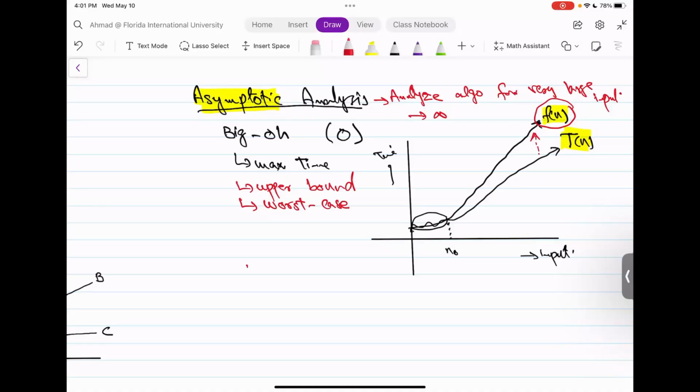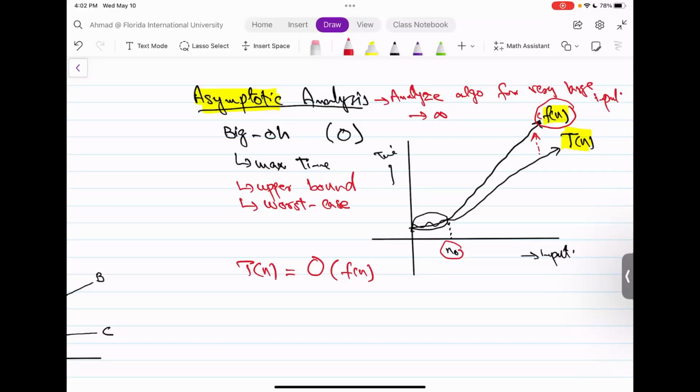We can say that T of n is O of f of n, where T of n is bounded by f of n, right? For some region after n naught, and with some constant c, right? This f of n could include some constants as well. We shall see the concept of constants in a coming video, with some more examples.